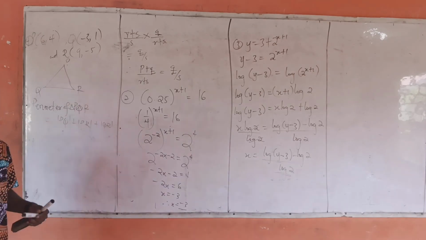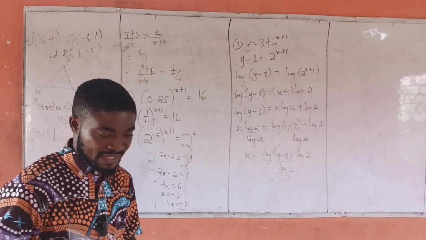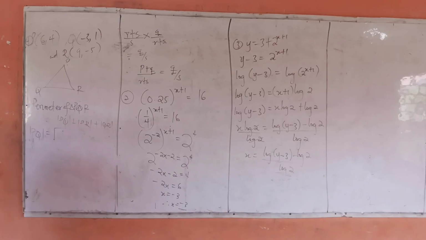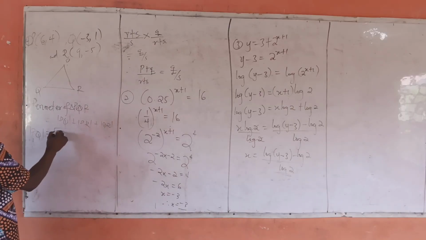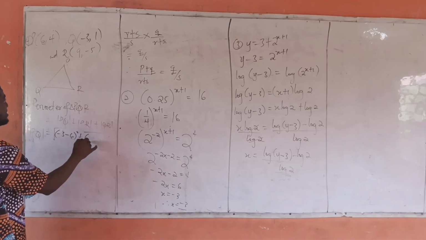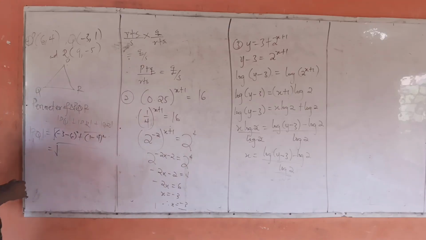We find the individual lengths. To find the length of PQ, it's just going to be about finding the magnitude. Yes, the magnitude is what we call the length. So the magnitude of PQ, P is (6, 4) and Q is (minus 3, 1). We take the x minus this all squared plus the other side, 1 minus 4 all squared. Minus 3 minus 6, that should be minus 9 squared, 81, plus 9.